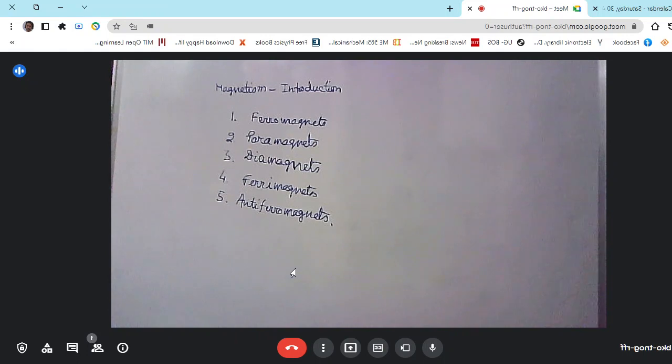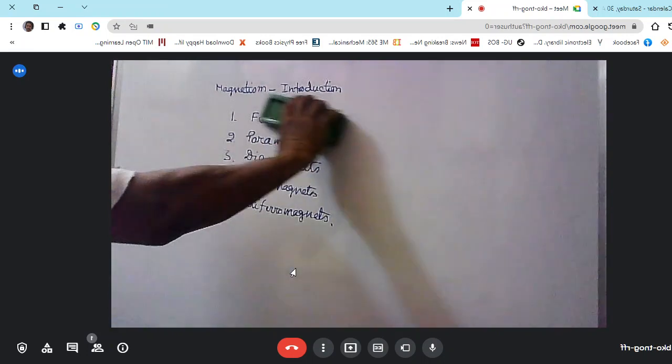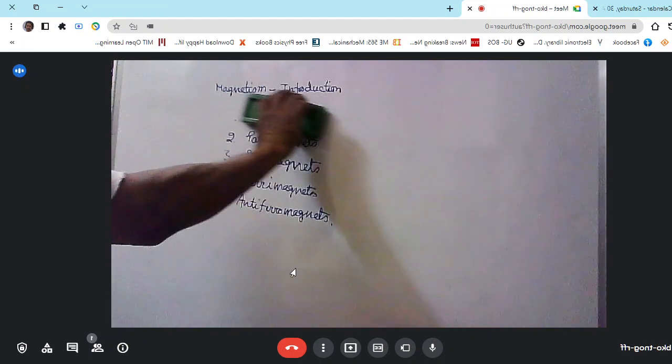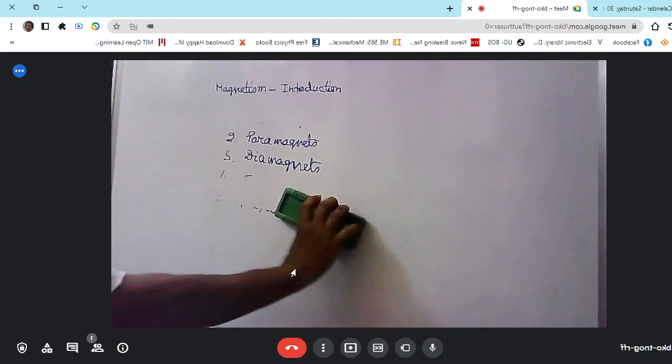So this is our first part. How many types of magnetism are present? Now we are moving over to our second type: how this magnetism actually appears within the substance. Now it is a long story, and at the beginning I will give you only the classical picture, and I shall discuss the magnetism of these two.